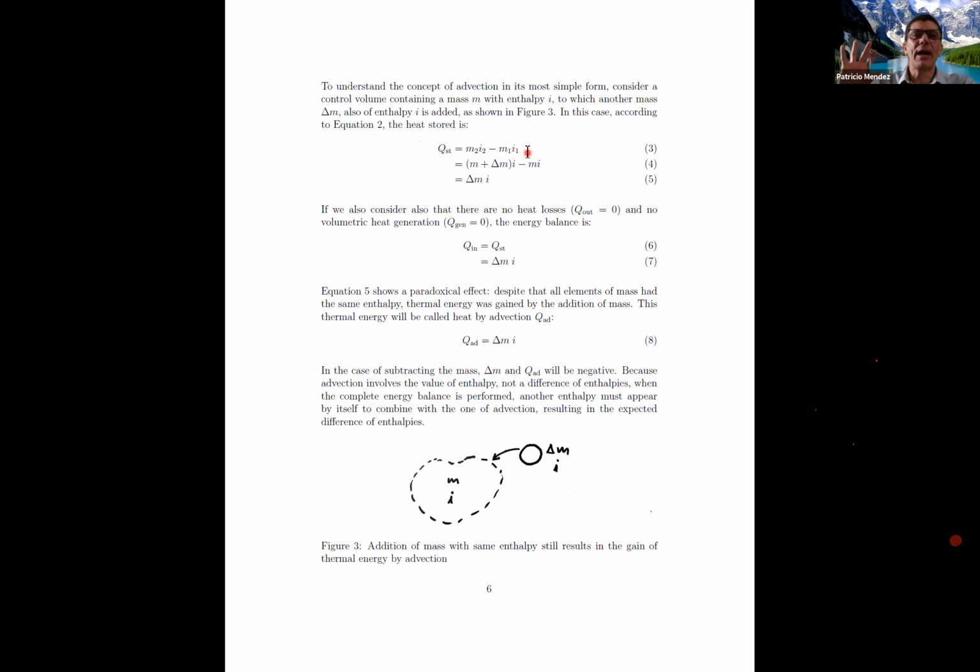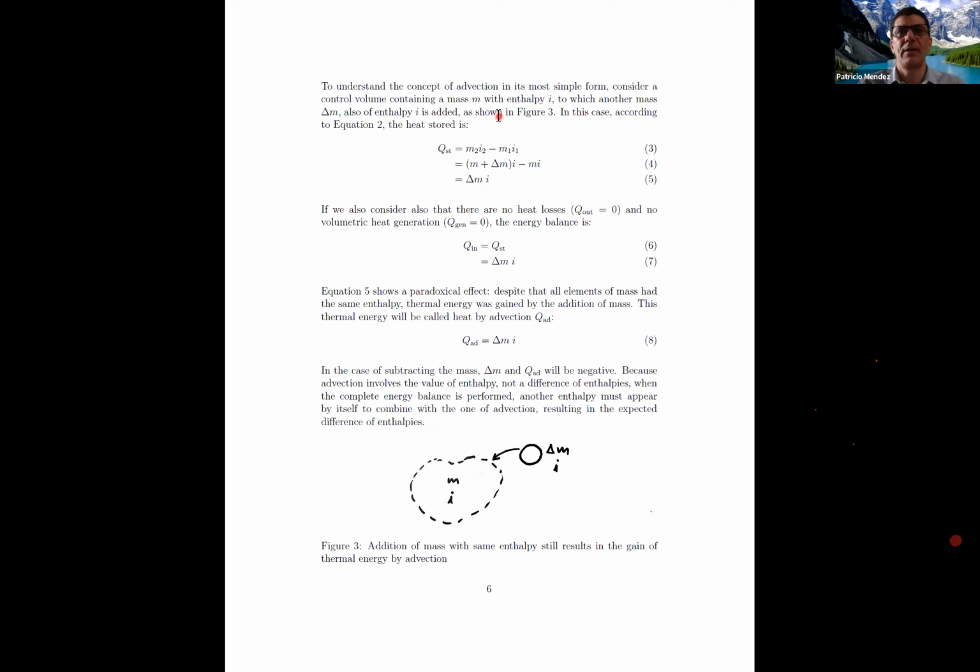Let's say we added delta M. So at time 1, we have mass M. At time 2, we have mass M plus delta M, right? And the heat stored in this case would be, okay, I forgot to mention something important. Let's say that mass M was at a given temperature, and the mass delta M that I'm adding is at the same temperature.